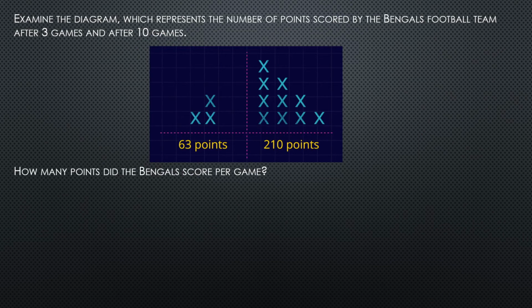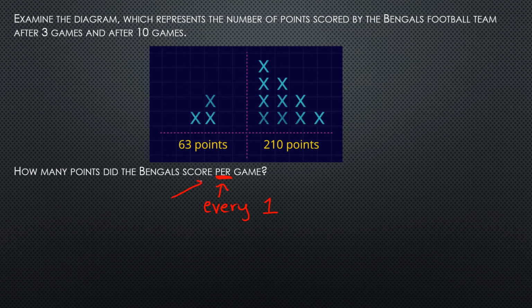Our next one says, examine the diagram which represents the number of points scored by the Bengal football team after 3 games and after 10 games. How many points did the Bengals score per game? So in this question, remember all the way back to our beginning about unit rates in lesson 12, whenever you see this word per, it is asking you for every one.